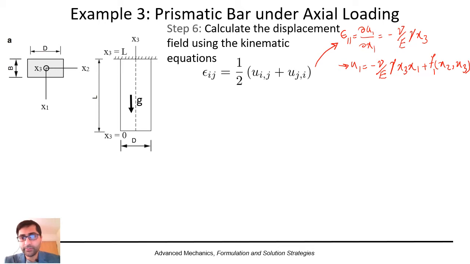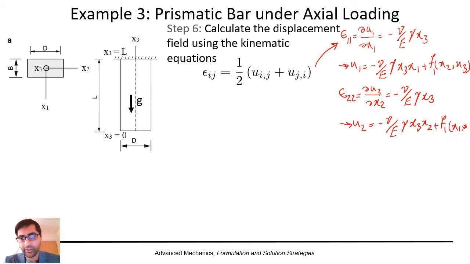For epsilon 2,2, the other non-zero element, we have partial u2 partial x2, again equal to minus nu divided by E gamma x3. We get exactly the same result for u2: nu over E multiplied by gamma x3, this time multiplied by x2, plus a constant which can be a function of x1 and x3.